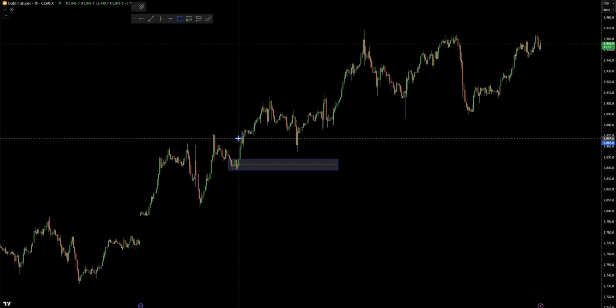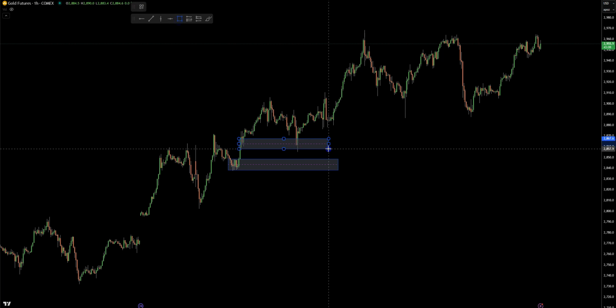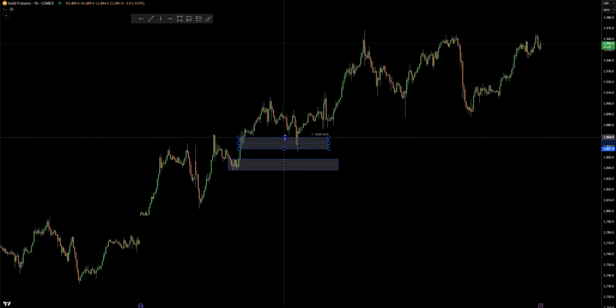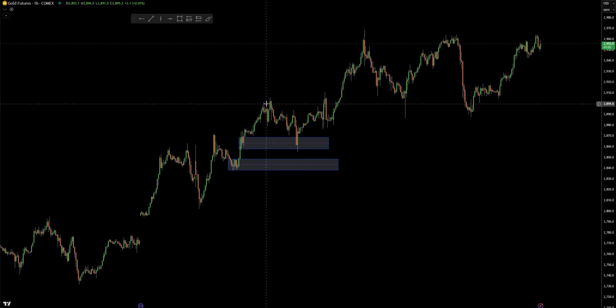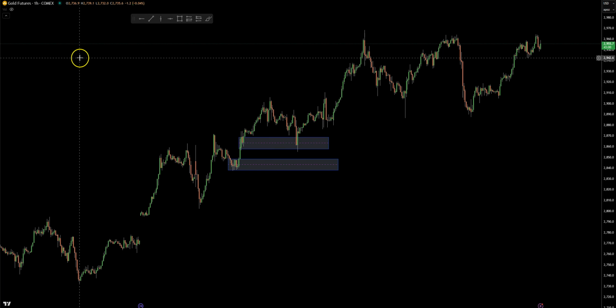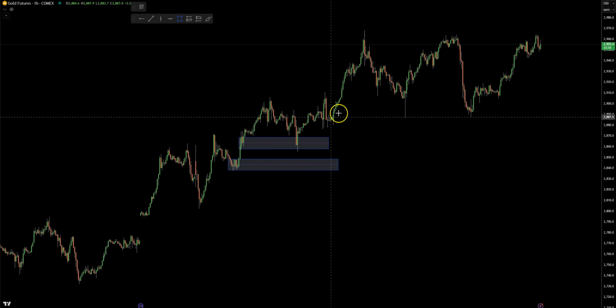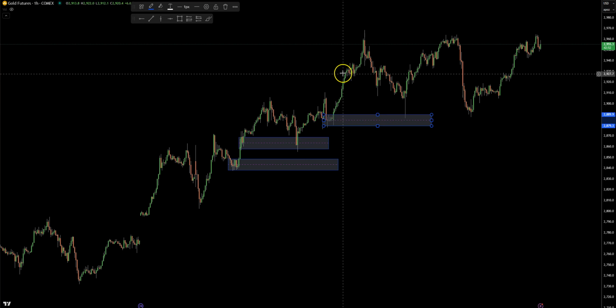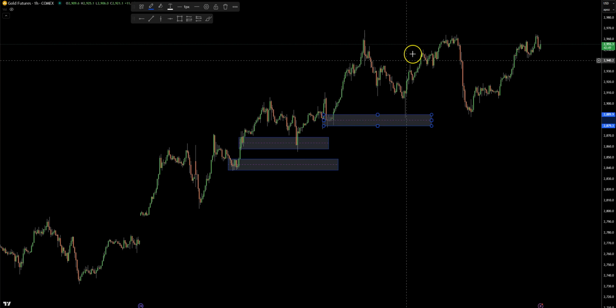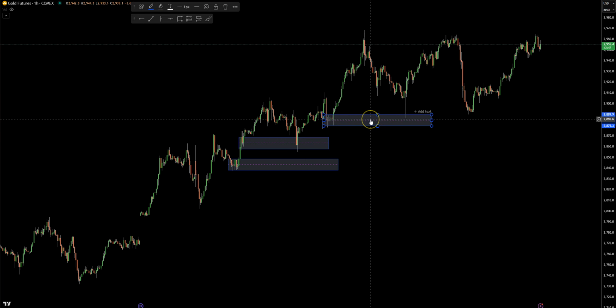You got this little stop consolidation period here, didn't draw the box very well, and price moves out of it. Not saying that's a great zone, just saying you can qualify that as a demand zone. Here you got this little consolidation area at the bottom, a lot of green candles coming out, price returns, rejects. Right? So, and obviously it's the opposite.